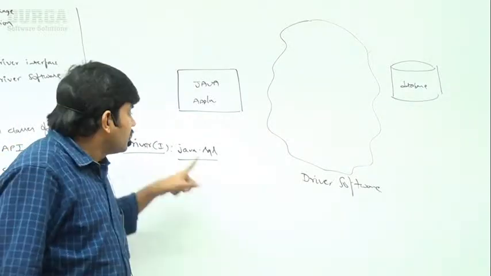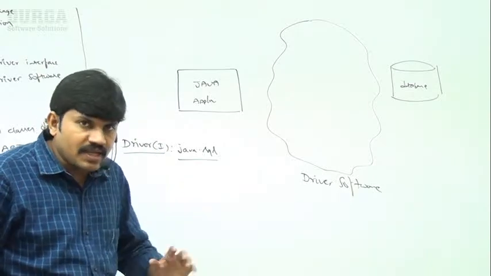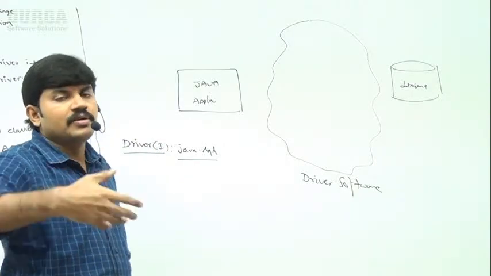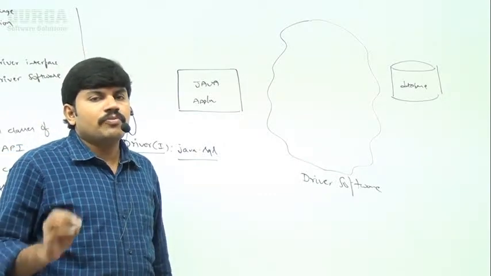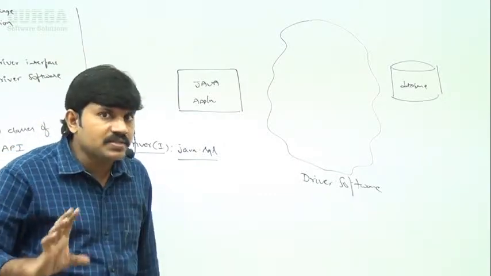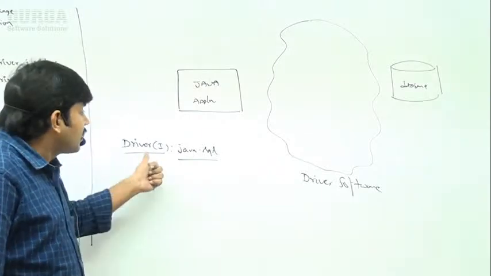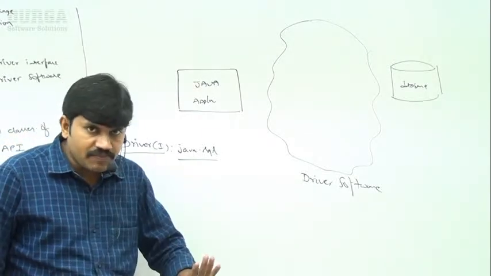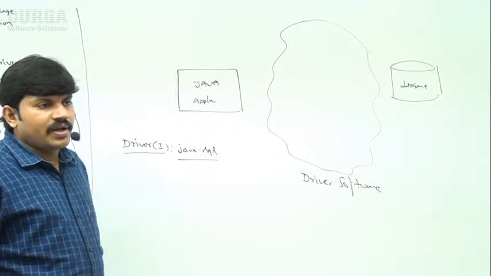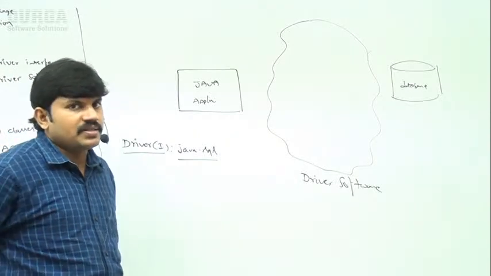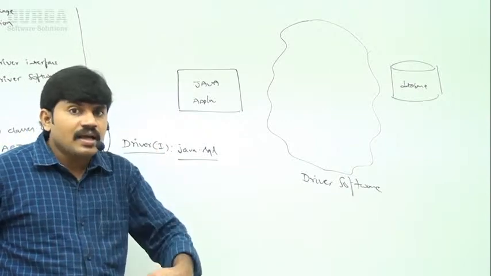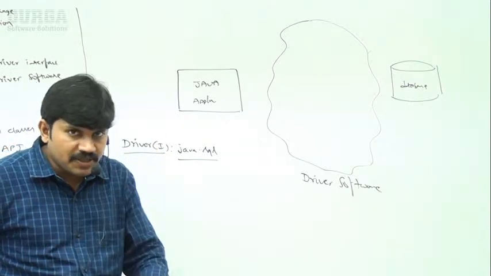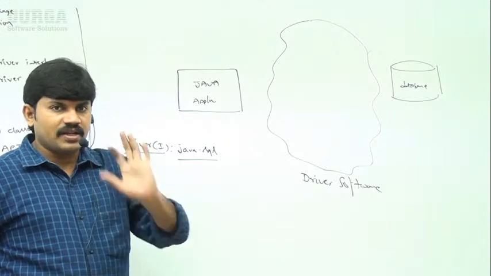That's why, to develop your driver class, we compulsorily have to implement the Driver interface. The Driver interface is present inside the java.sql package, and it acts as the requirement specification to develop a driver class.